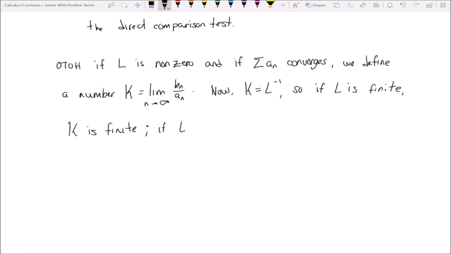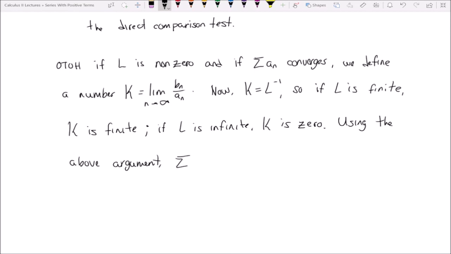If L is infinite, k is 0. By using the argument we just made, we can conclude that the series b sub n converges.